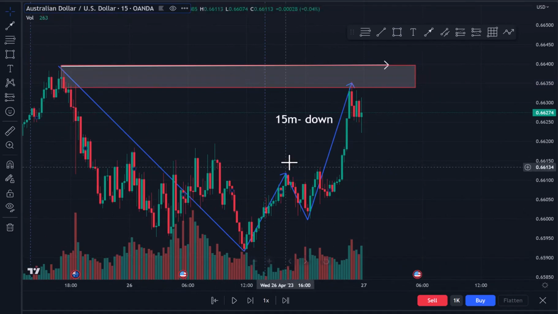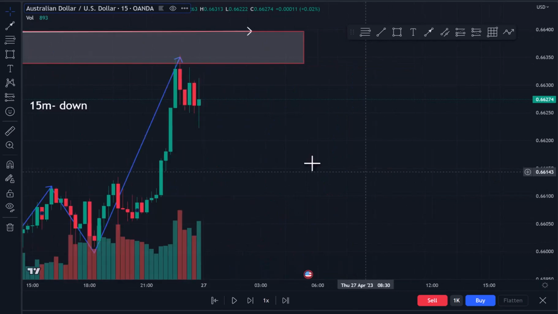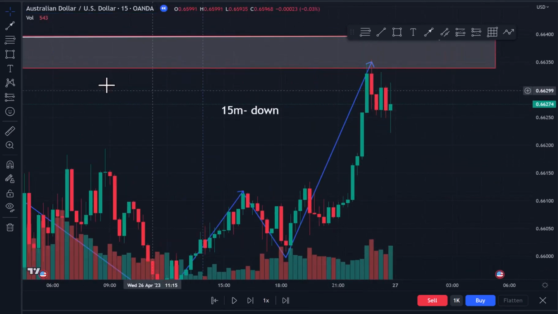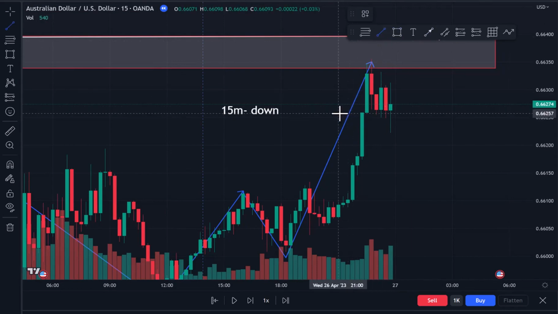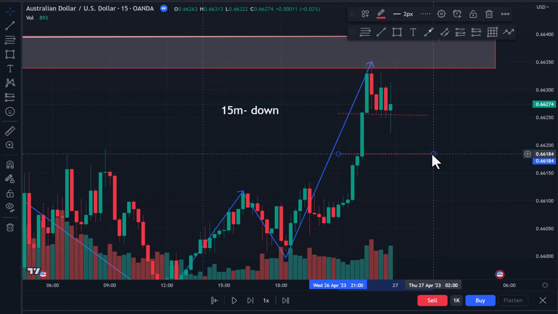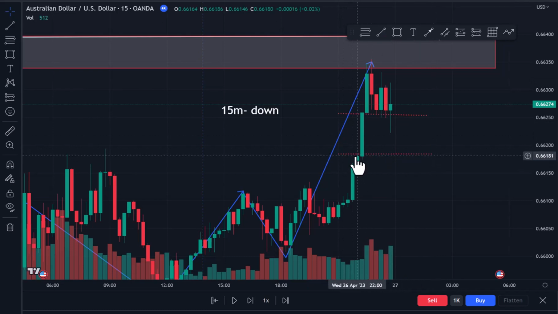However, in this structure, there is a ton of liquidity. There's imbalance. First of all, between this candle here and this candle down here, this high, this low are very far apart.